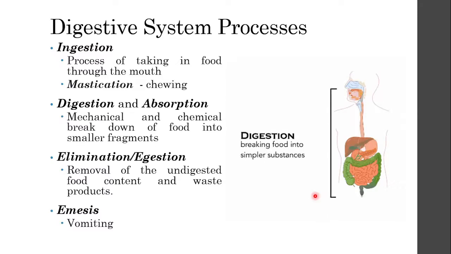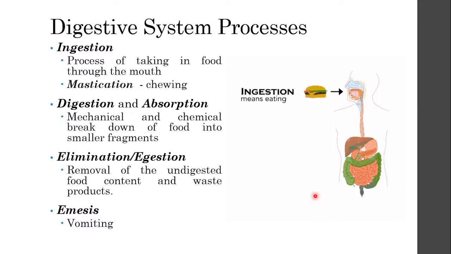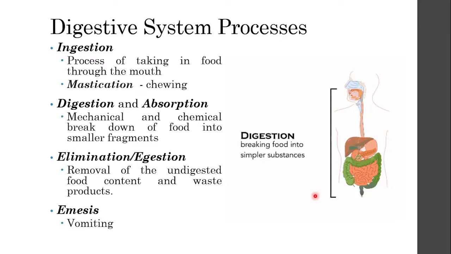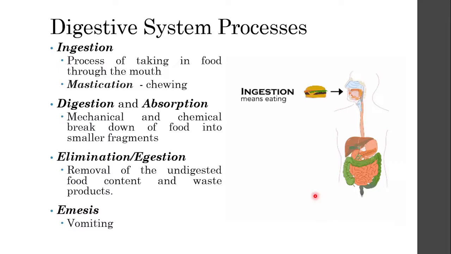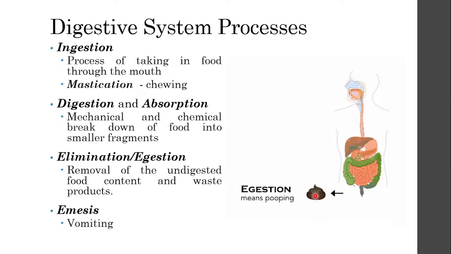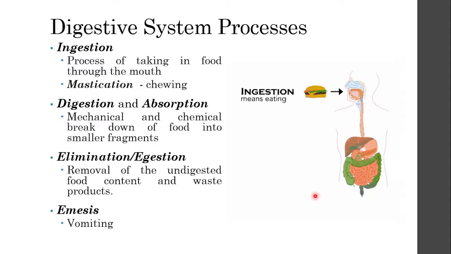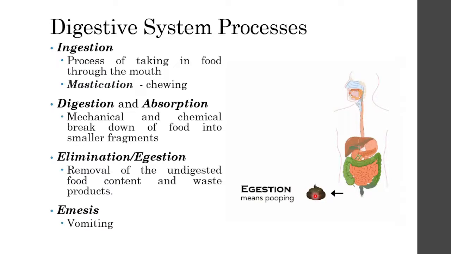Emesis is when we ingest materials that may be dangerous to our body, such as food poisoning. The reason that your body starts to vomit when you are food poisoned, I don't know if you have experienced it. I have not, but I know that those people who have eaten something bad start to vomit.